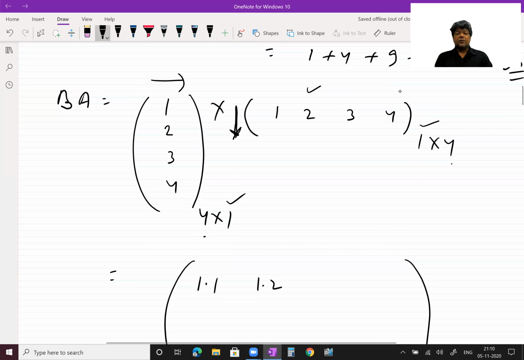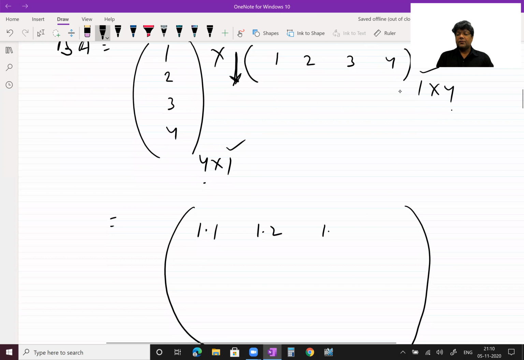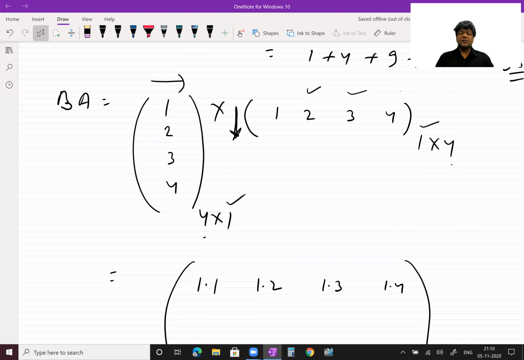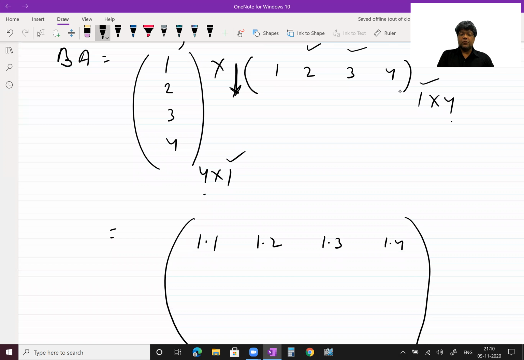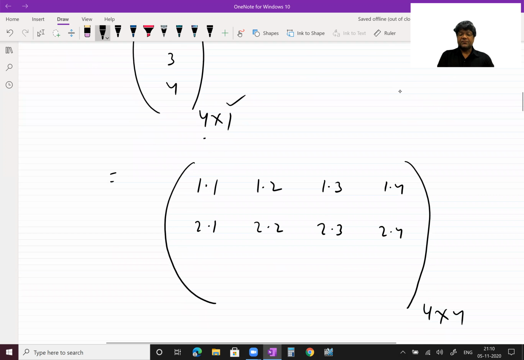Then the first row with the third column, 1 into 3, and 1 into 4. Then the second element: 2 into 1, 2 into 2, 2 into 3, 2 into 4. Then the third: 3 into 1, 3 into 2, 3 into 3, 3 into 4. And then the fourth: 4 into 1, 4 into 2, 4 into 3, 4 into 4.